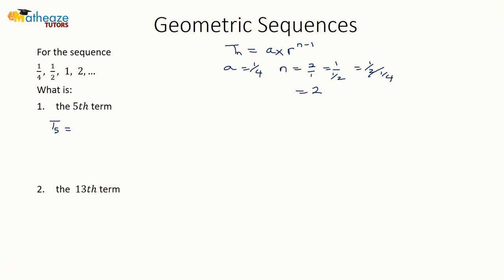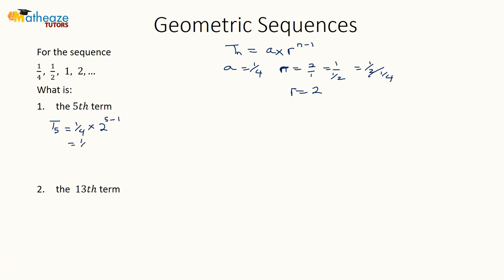This is going to be equal to 2. So our common ratio is 2. So the fifth term is A, which is 1/4, multiplied by 2 to the power of 5 minus 1.